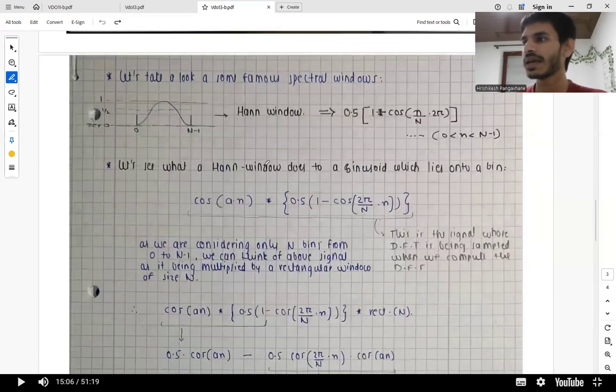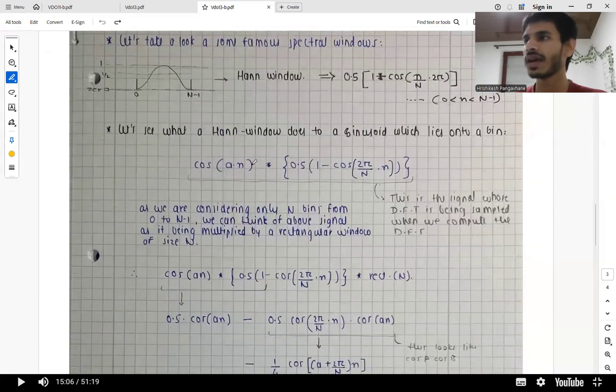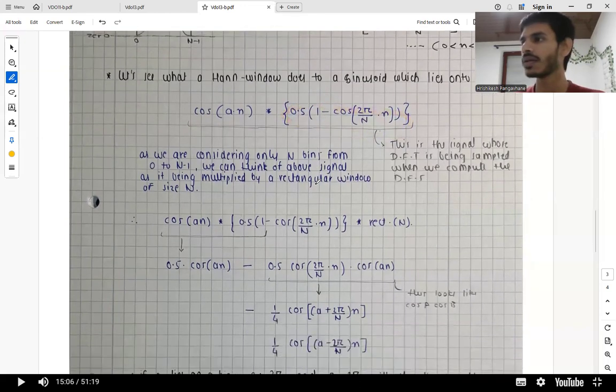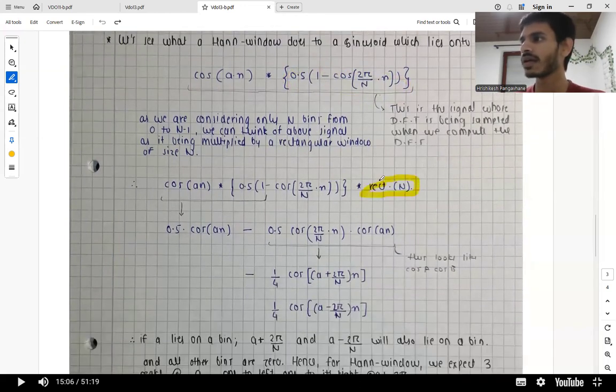So basically we have our signal with M samples, and we are using a Hann window, which is represented by this value. And then we also have a rectangular window along with it.